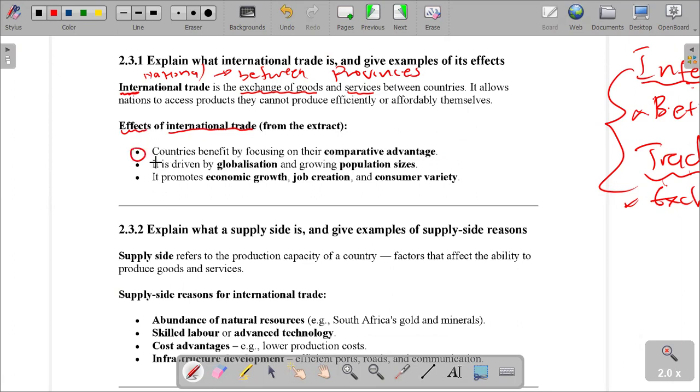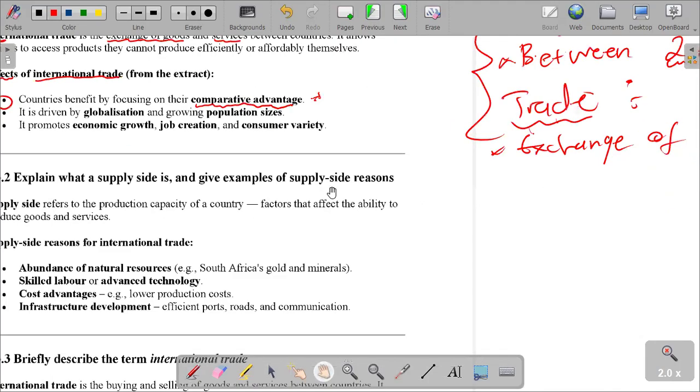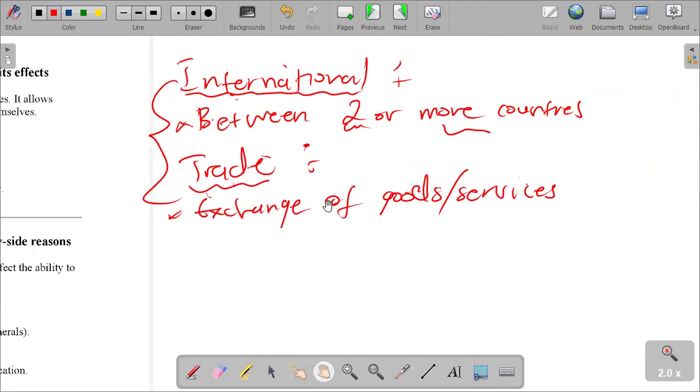Number one, the first effect is that countries benefit by focusing on their comparative advantage. What is comparative advantage? It is when one country is better at producing a product than another country. So international trade is the exchange of goods and services between two or more countries.